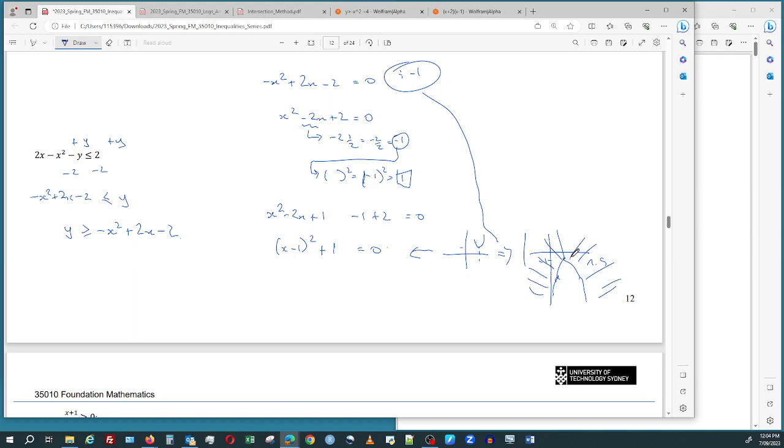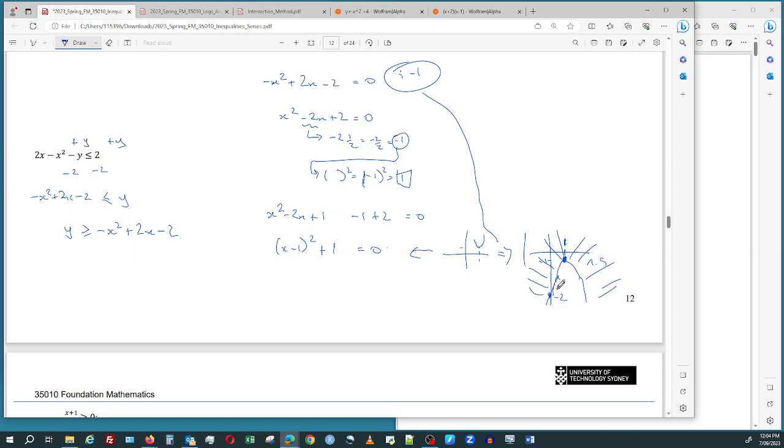So what we then have to do is find some points that help us decide what the values are going to be that make the inequality true, and they would be the vertex points. They would be where it cuts the x-axis, so that's minus 2. The vertex would be minus b on 2a, so minus 2 on minus 2, that's negative 1 over negative 2, isn't it? Negative is a positive, so that's 1.